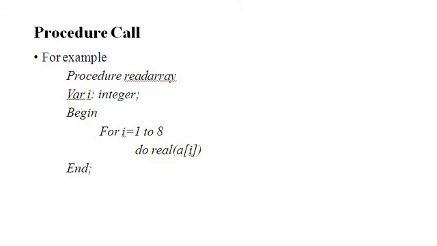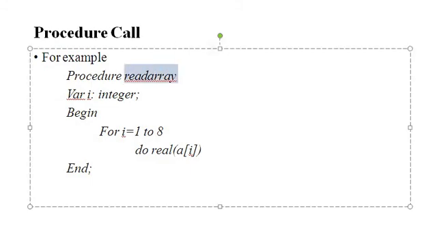For example, here is one definition of a procedure named read array: procedure read array, variable I integer, begin for I equal to 1 to 8 do read a of I, and procedure end. When a procedure name appears within an executable statement, the procedure is said to be called at that point.